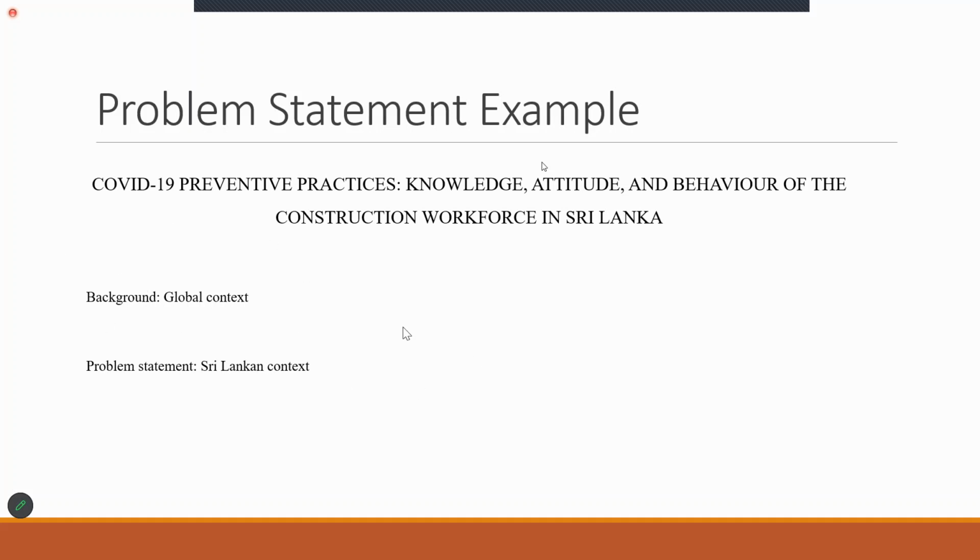Now, this was about COVID-19 preventive practices, knowledge, attitude, and behavior of the construction workforce in Sri Lanka. So the background will be starting from the global context. And here the problem statement was very specifically focused on the Sri Lankan context only. Within the background, we only provided the global context, and from the problem statement, we specifically targeted the Sri Lankan context.